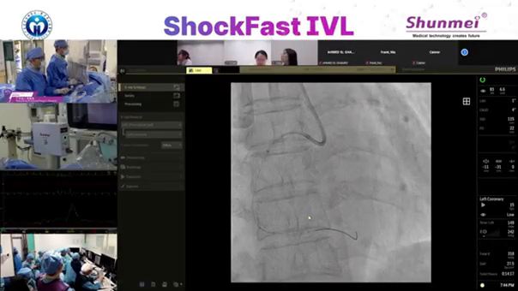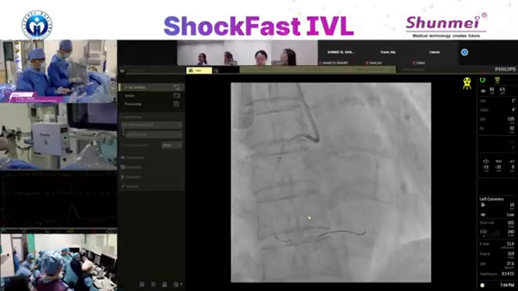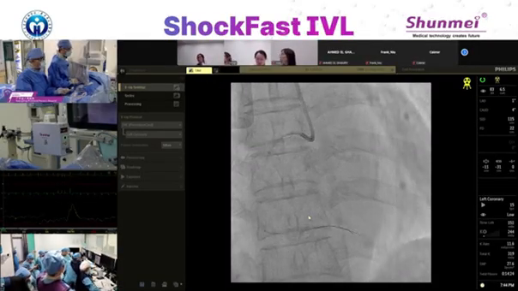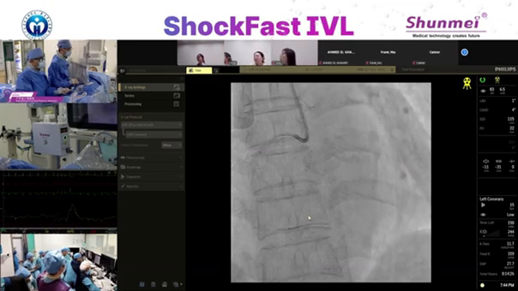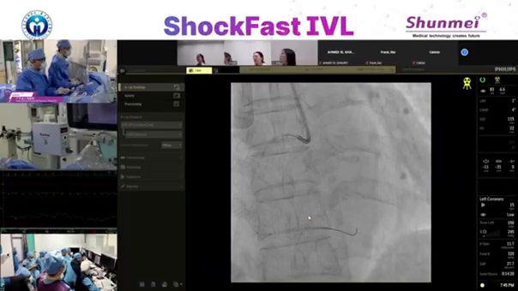No, the guiding was set into the left ventricle. The guiding prolapse. It's not good.